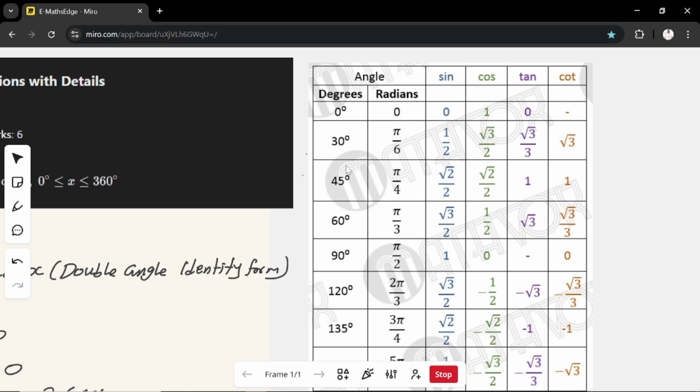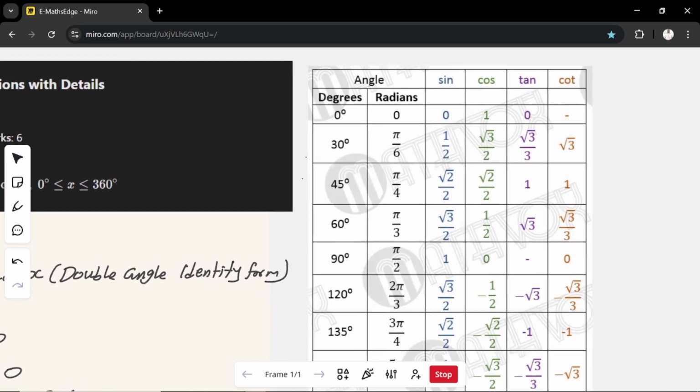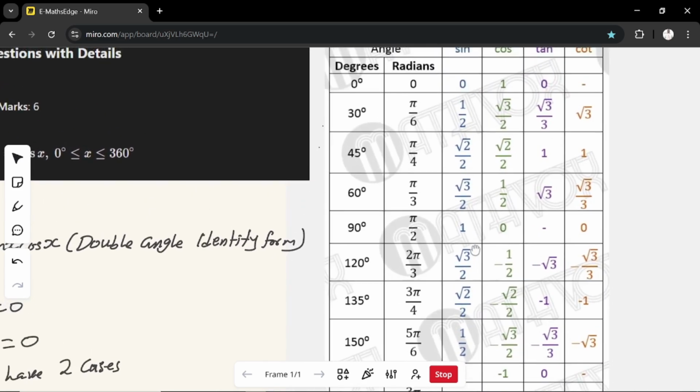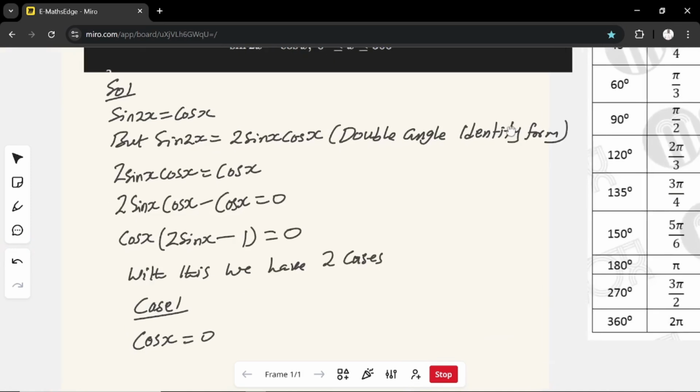Since we have cos x to be equal to 0, you check the column for cos x. Where do you have 0? We have 0 at 90 degrees, and let's go down, we also have 0 at 270 degrees. So 270 degrees and 90 degrees correspond to when cos x is equal to 0.